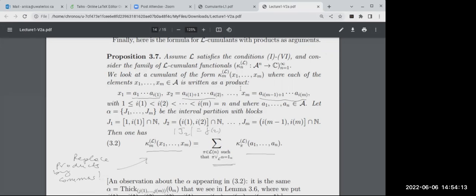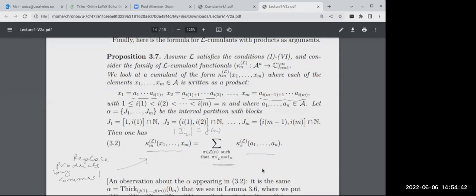We look at the cumulant of x1 up to xm, where each of the x's is a product of some other things called A. So x1 is a1 up to ai1, x2 is a from i1 plus 1 up to ai2, and so on. And what I want is to write the cumulant of the x's in terms of some cumulants of the a's.